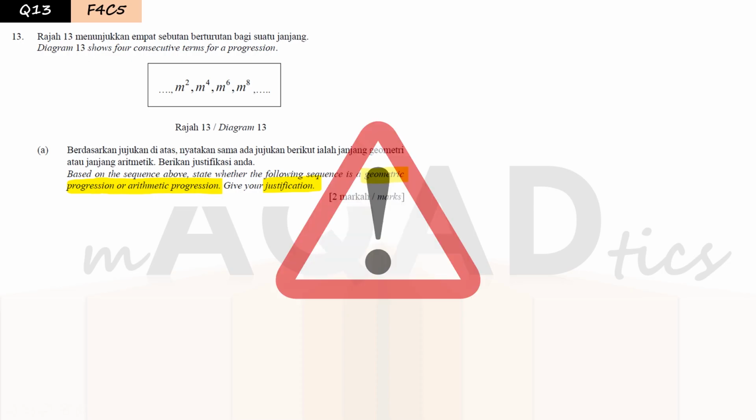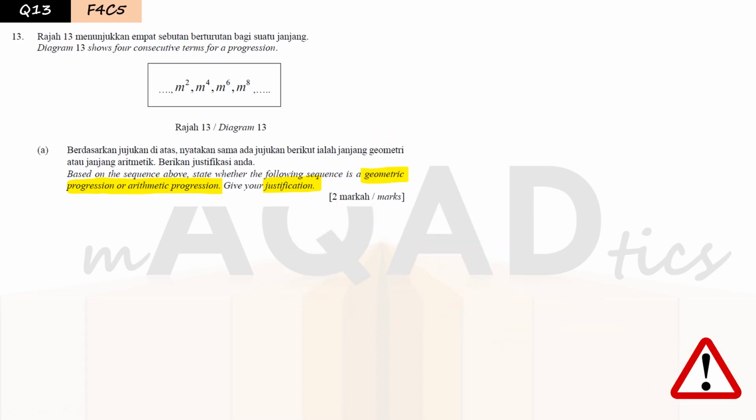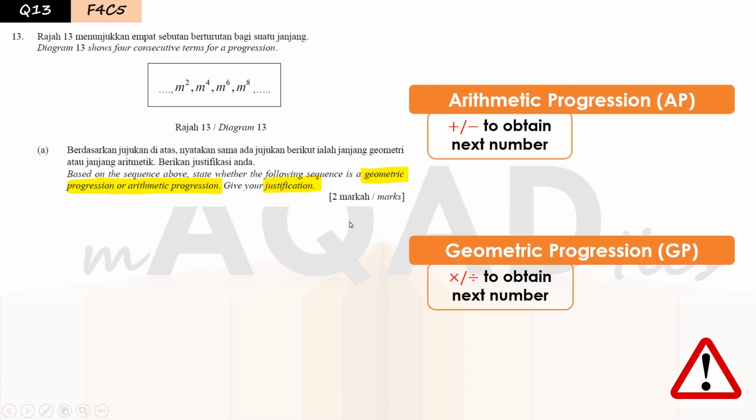Alright, so let us recall the things we have learned for geometric and arithmetic progressions. One of the main properties, if we want to identify whether the progression is arithmetic or geometric, is to see what is the method to get the next number. If we need to add or minus to get the next number, then it's an arithmetic progression.